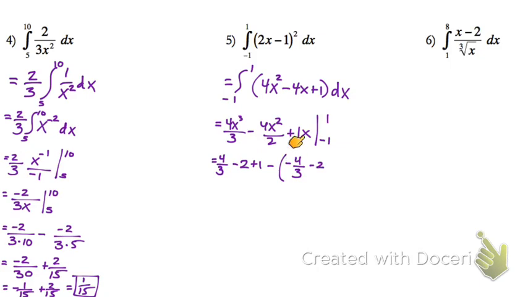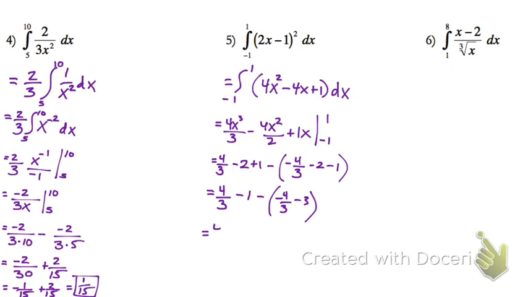And then if I plug in negative 1 here, that becomes a negative 1. So we have 4/3. Here we have minus 2 and minus 1. I'm sorry, minus 2 and plus 1. So that's minus 1. Minus negative 4/3. And in here we have minus 2 and minus 1, so that's minus 3.